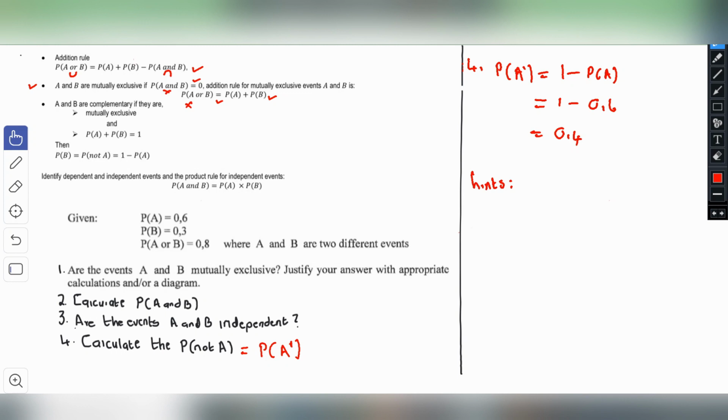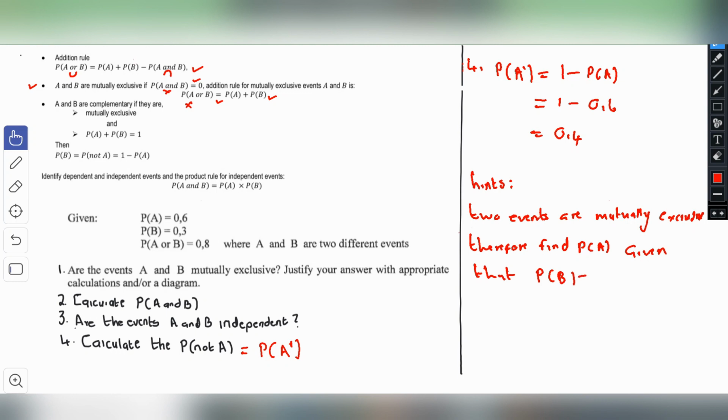Sometimes the question can come like, they say two events are mutually exclusive, therefore find the probability of A, given that the probability of B is equal to 0.4, for instance.